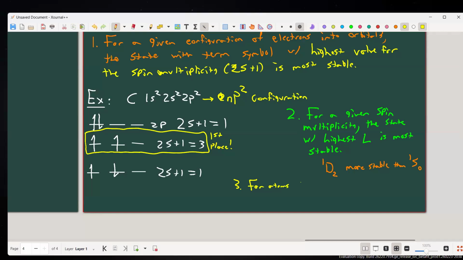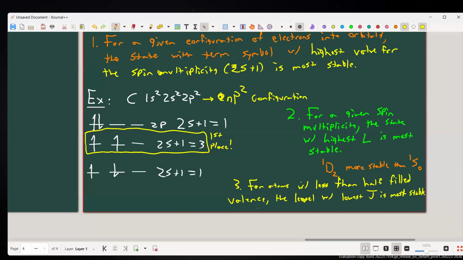The last one is for atoms with less than half filled valence. The level with lowest J is most stable.